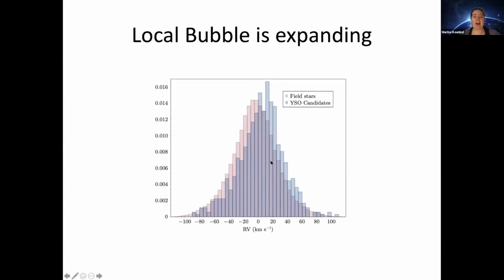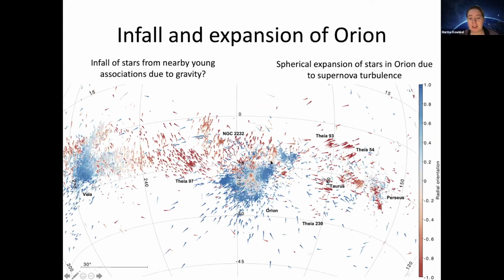But going back to the place where we started, going back to Orion, if we take this catalog of stars and look at how all the stars in the vicinity of Orion are moving, all of the stars in Orion itself are expanding away from the center, as I've mentioned before, most likely from a supernova or potentially some alternative, more competitive explanations which I'm not aware of.